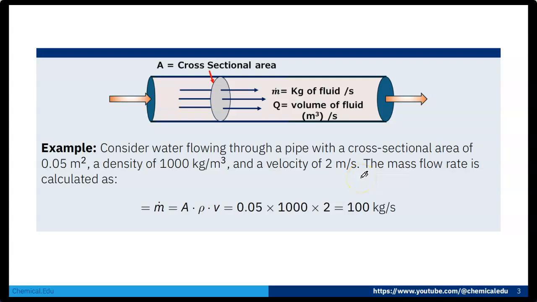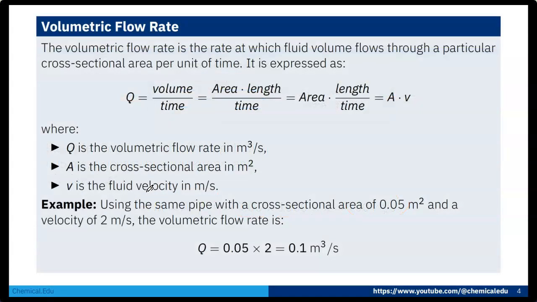The mass flow rate is calculated as A into rho into V, where A is cross-sectional area, rho is density of the fluid, and V is the velocity. So A is 0.05, rho is 1000 kg per meter cube, and velocity is 2 meter per second. Ultimately mass flow rate is 100 kg per second. Very easy, I hope.